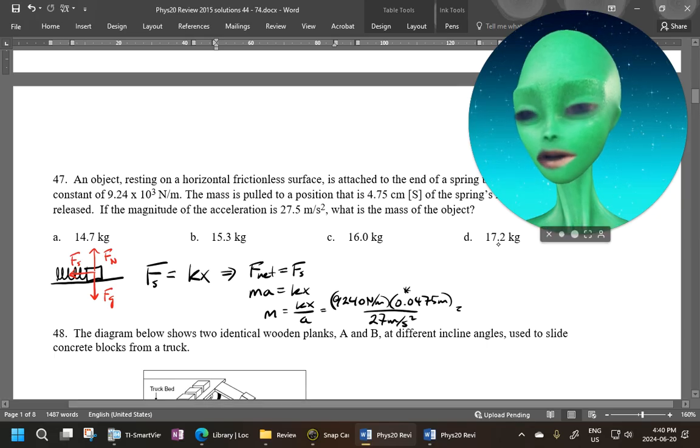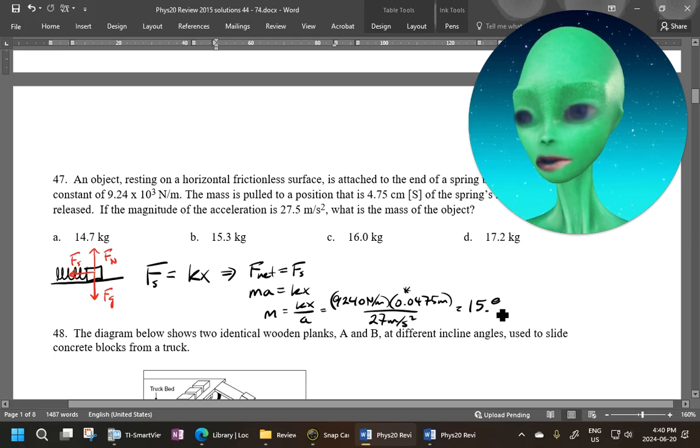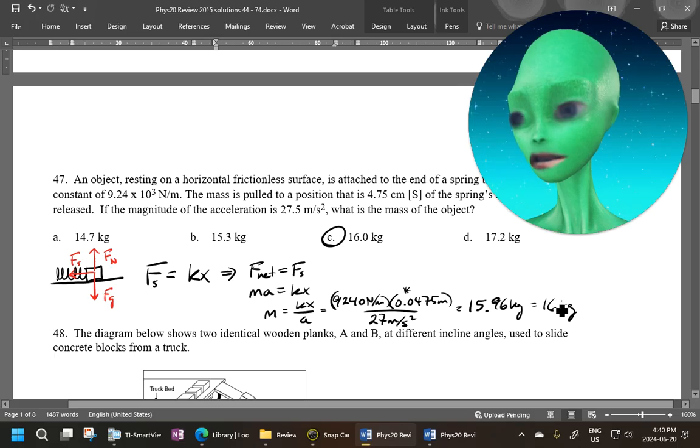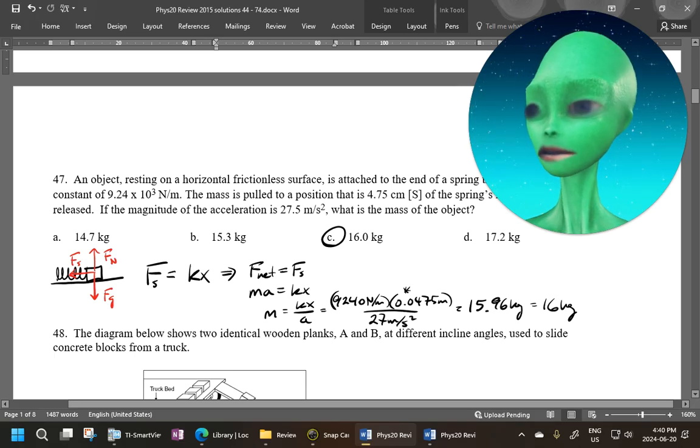Oh, there we go. So it's 14.9. I must have divided by the wrong number there. It's a good thing we have multiple choice here. 15.96 kilograms, which rounds to 16. So that would be 16.0 if you were to round it properly. So there we go. Cool.